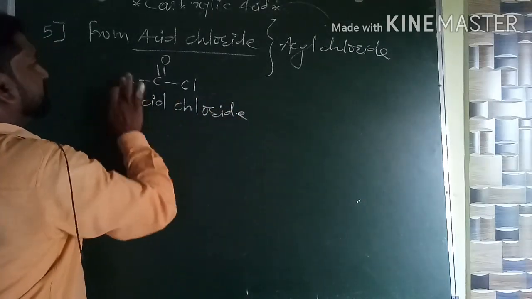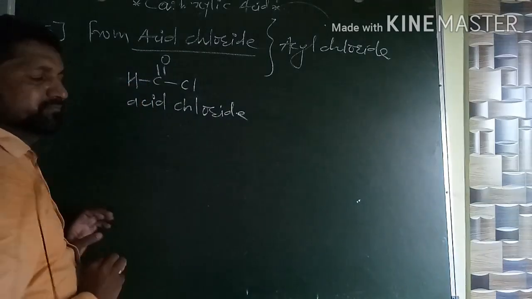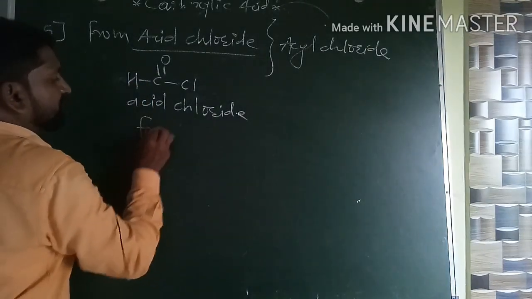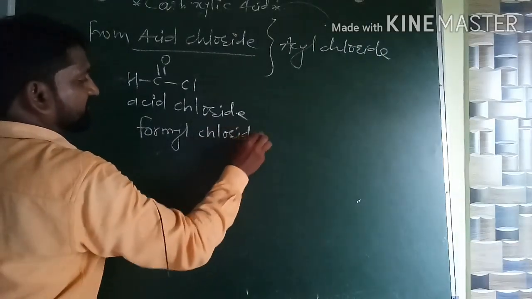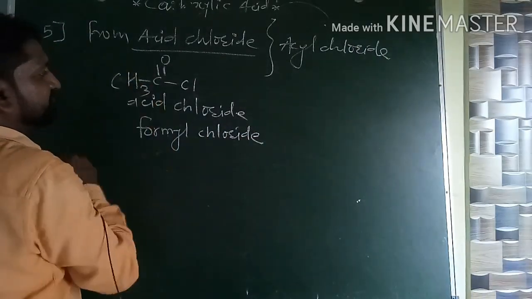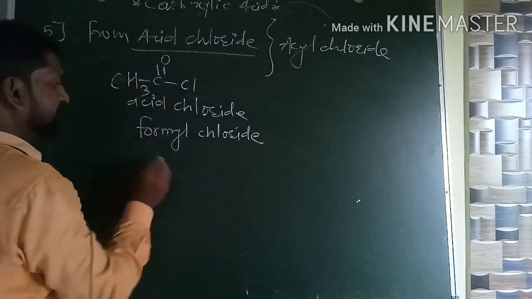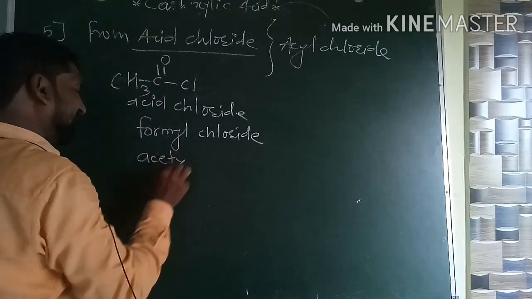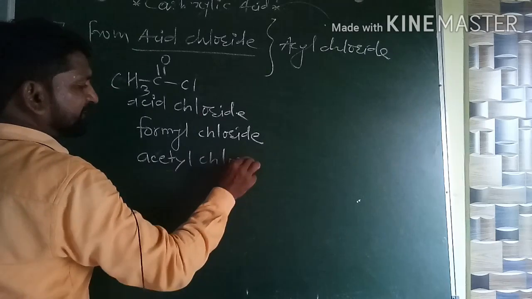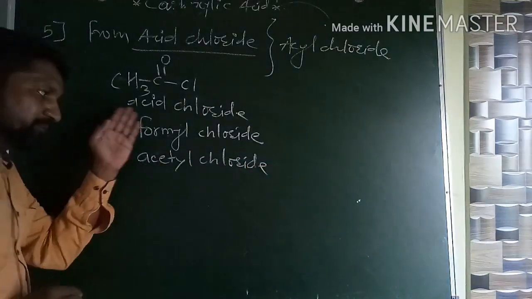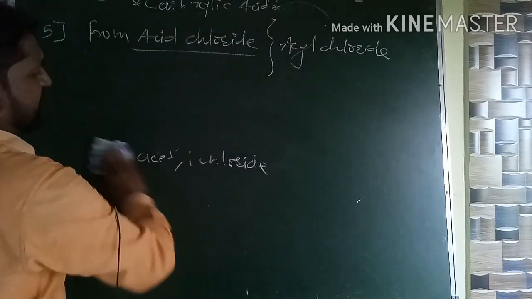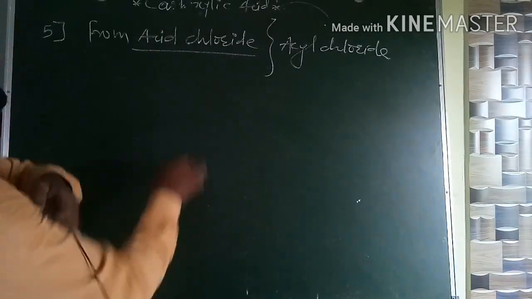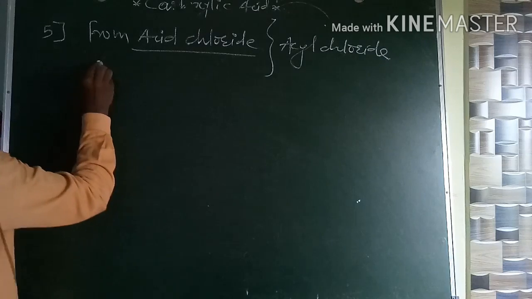Okay. Now 1H. It will become formyl chloride. If I write CH3, acetic acid type example, na? Therefore it will become acetyl chloride. So you can increase the carbon chain and you can change the name. Okay. Now everybody see here how to convert acid chloride into the carboxylic acid.